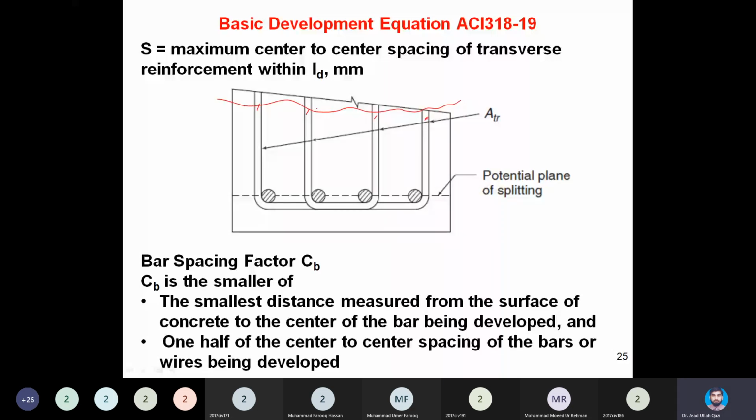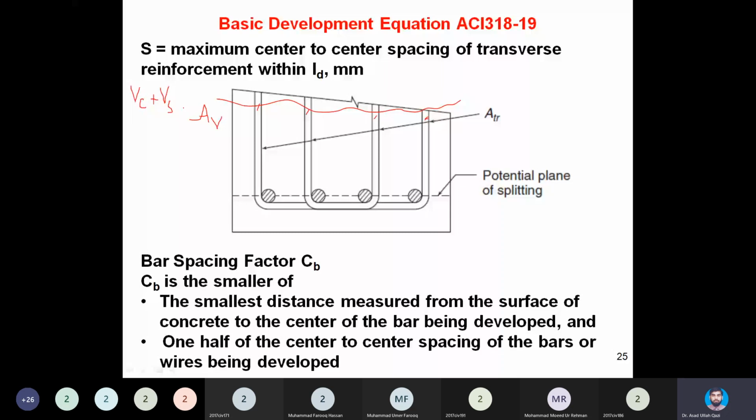So we have learned in PRC1 that these ties provide us AV, area of steel in shear, and we get, along with the capacity of concrete in shear plus capacity of steel in shear. So this Vs comes from this AV.